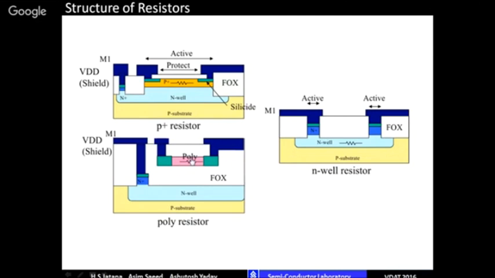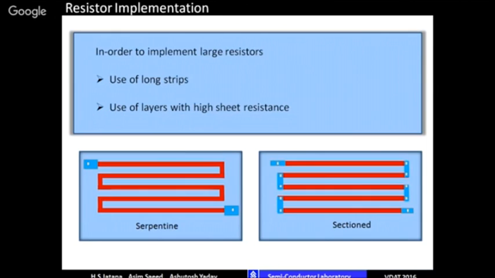So this resistor is sandwiched between two dielectrics. So heat dissipation properties are too bad, you cannot dissipate much heat. Whereas for a well resistor, the complete well is there to dissipate heat. So each of these has 5-6 advantages and 5-6 disadvantages, and which one to use depends. We will not go into much detail on this.